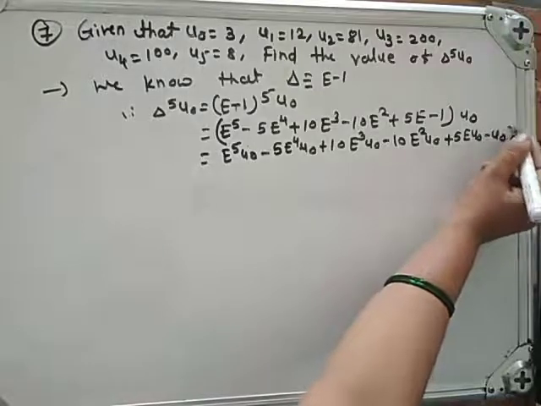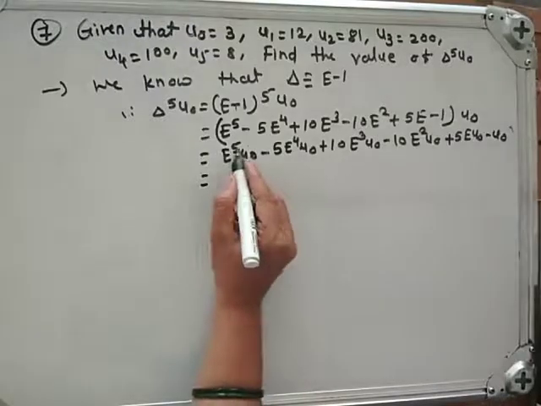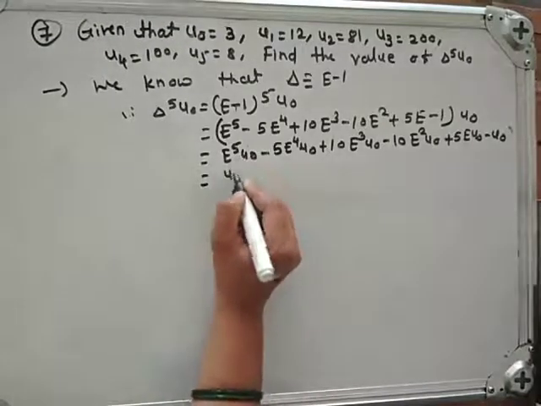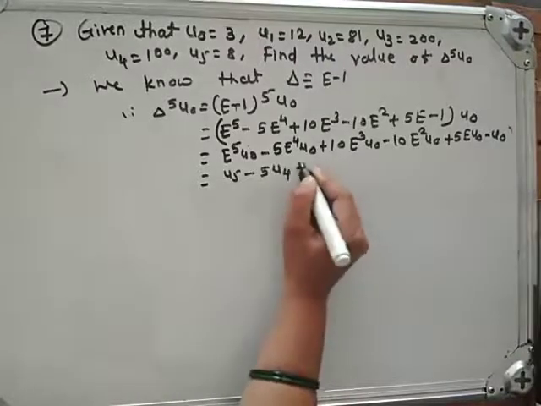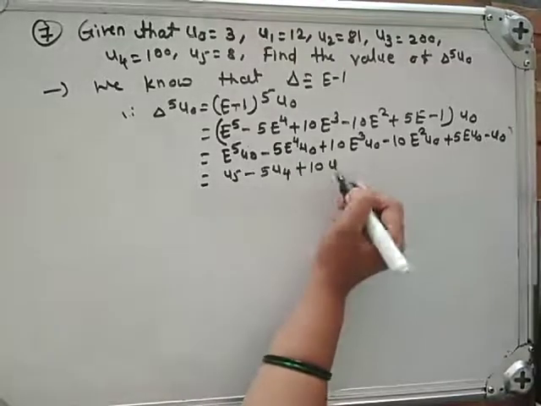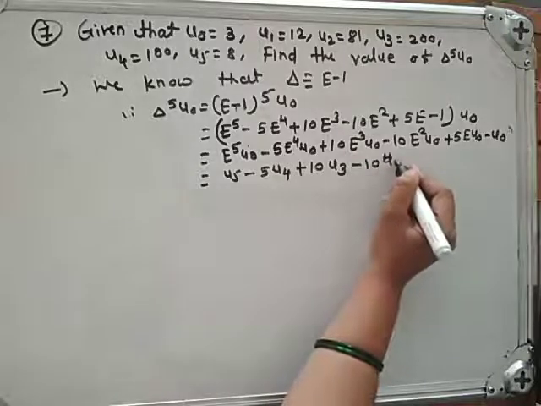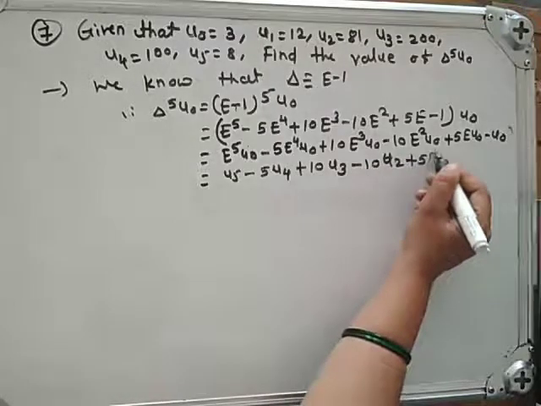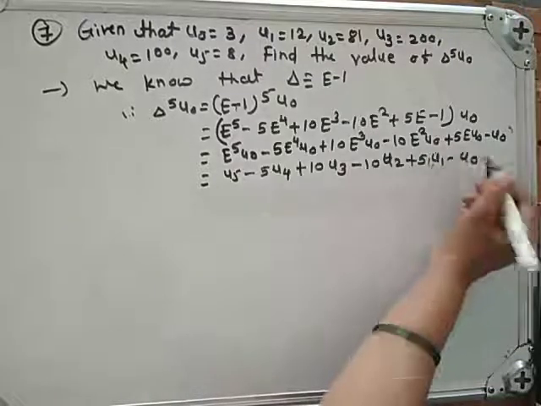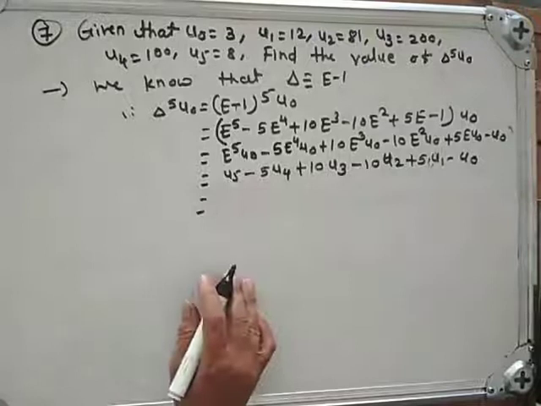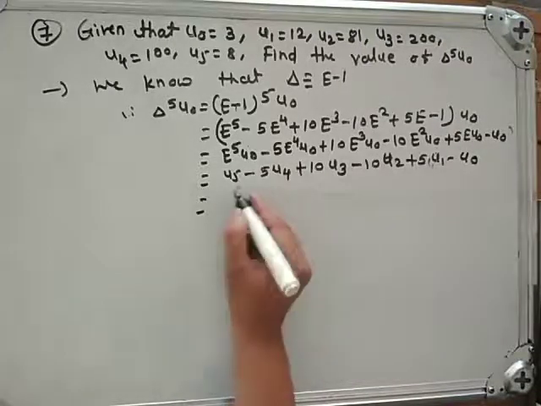Okay, this is E raised to 5 of u0 is u5 minus 5 u4 plus 10 u3 minus 10 u2 plus 5 u1 minus u0. Put the values of u0, u1, u2, u3, u4, u5.